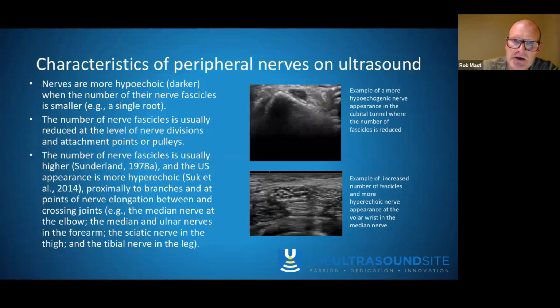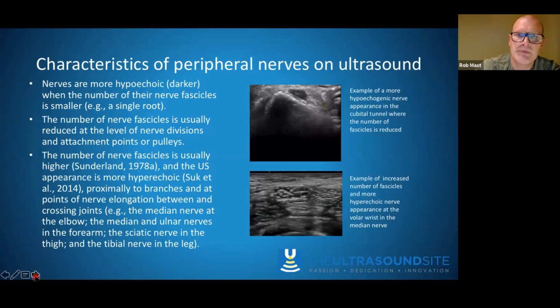But if you go to areas where there are pulleys, or areas higher up, for example nerve roots in the spine, they are usually composed of only a few fascicles with very little epineurium, and therefore they show dark. It took me quite a while to work out that that is why, for example, the ulnar nerve in the cubital tunnel, the example on the right-hand side at the top, is actually not an abnormality.